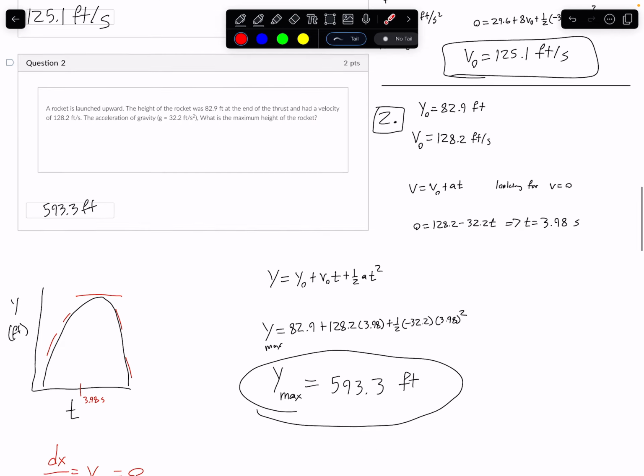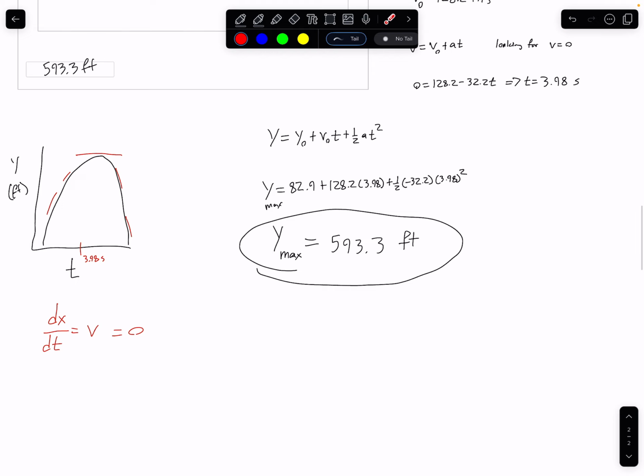And as I explained in my first video, this is a position graph for y, just the height. On the y-axis, we have y, the height in feet, and we have t in seconds.